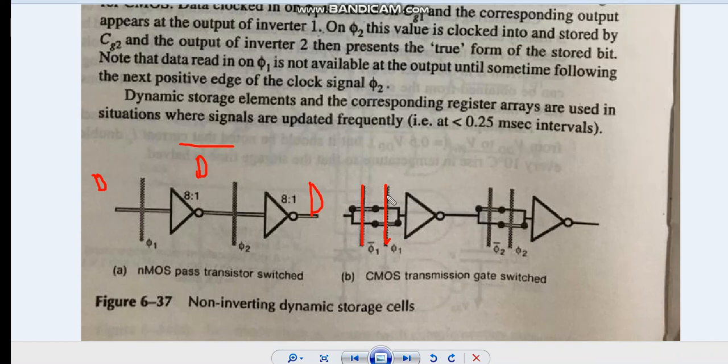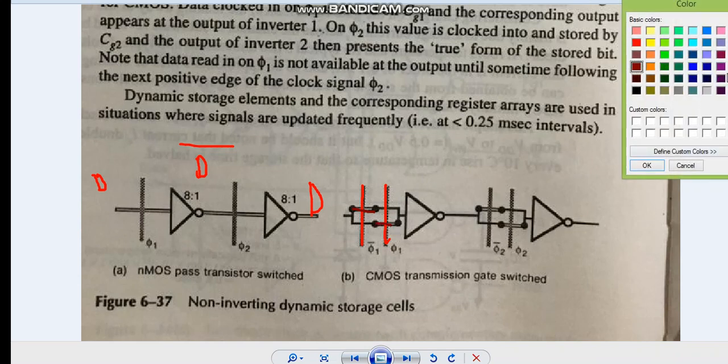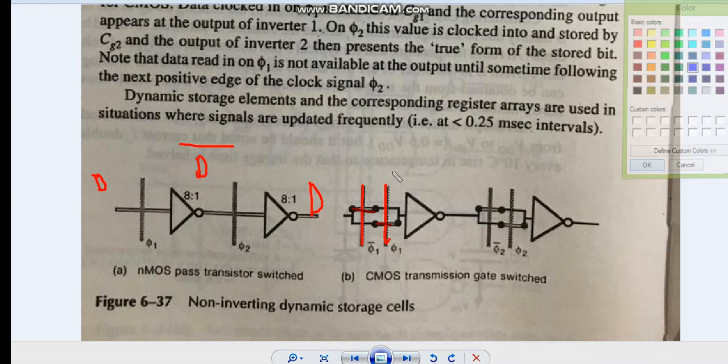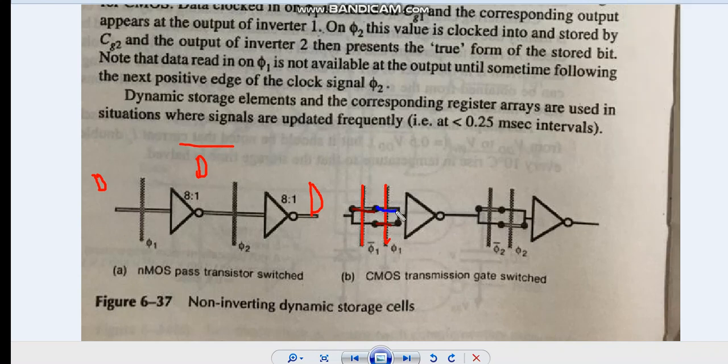These are the diffusion points, two points, and this remaining part is completely metal. Of course, the dotted lines are nothing but contact cuts.